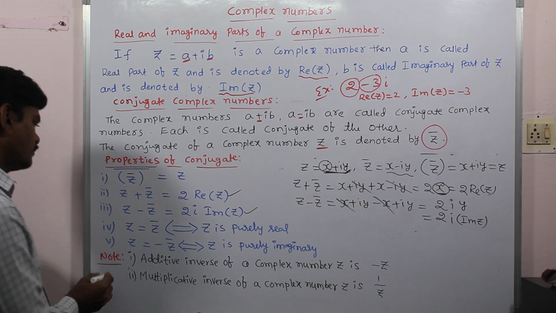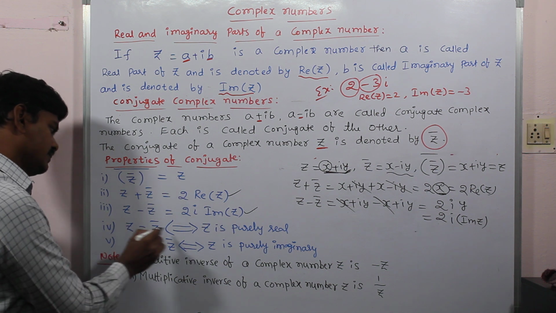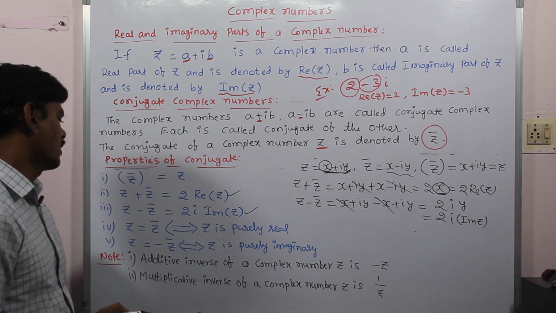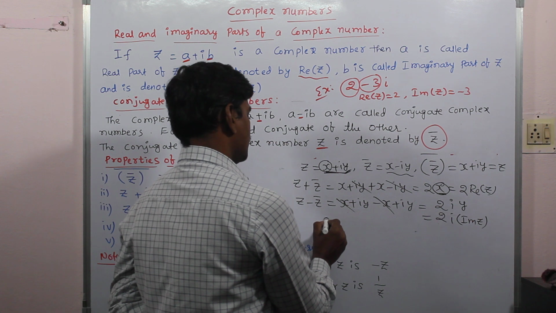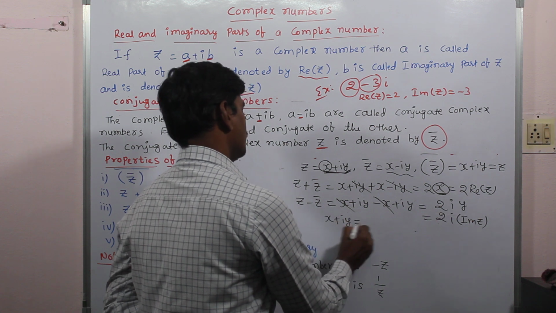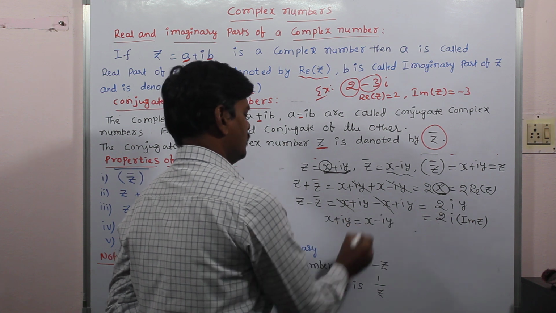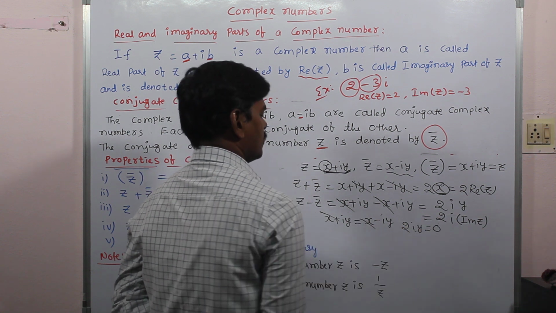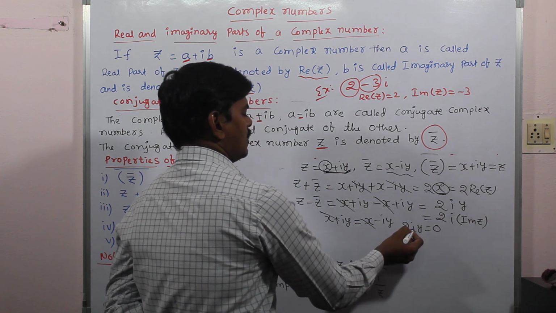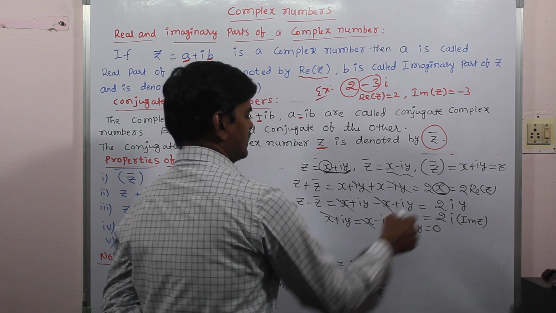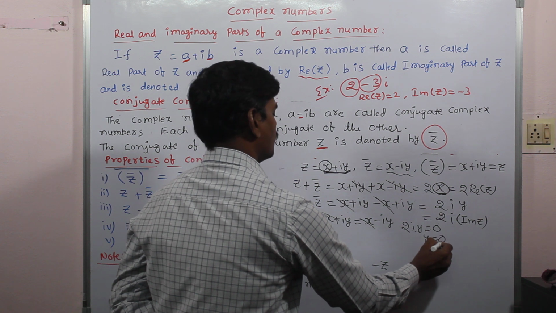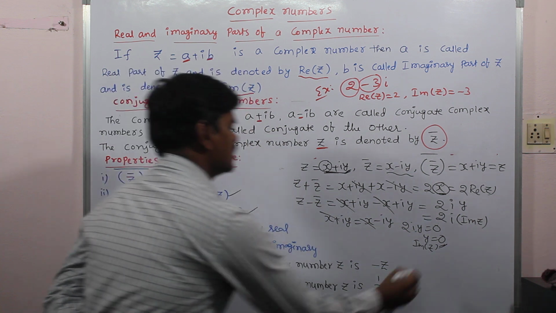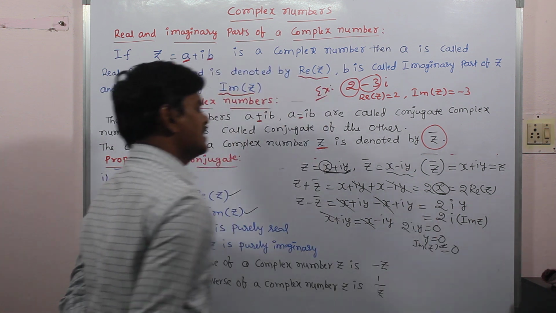Next, z = z bar implies z is purely real. This is also a useful formula. If z = z bar, then x + iy = x - iy. x cancels, so 2iy = 0. 2 cannot be 0, and i, the square root of -1, cannot be 0. So y must be 0, that is, Im(z) = 0. The imaginary part of z is 0.